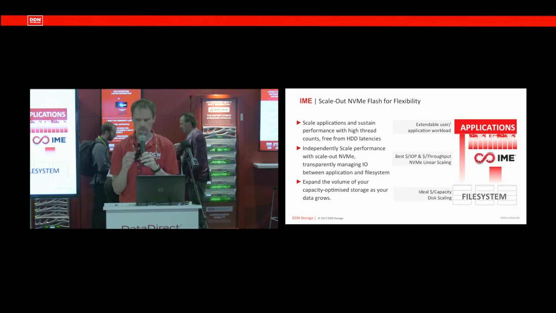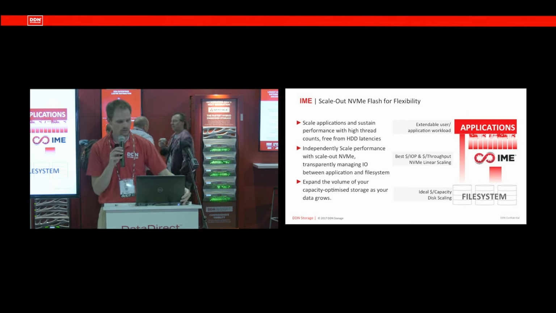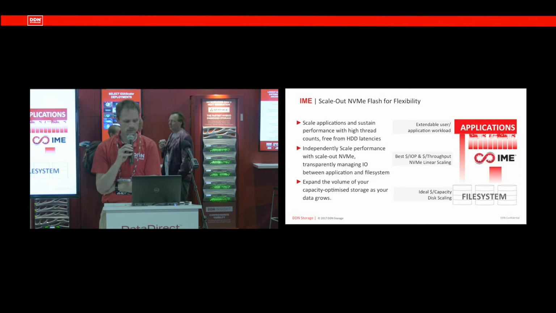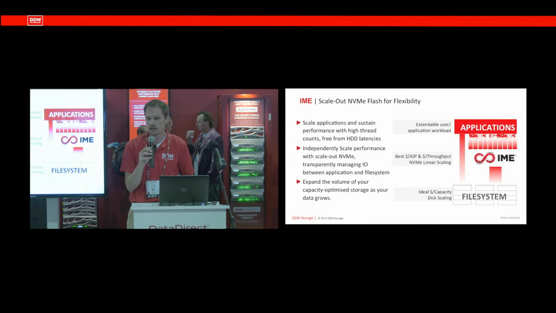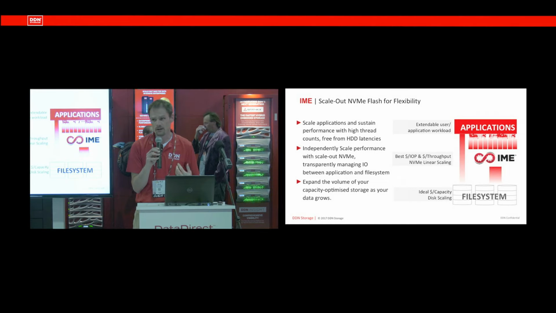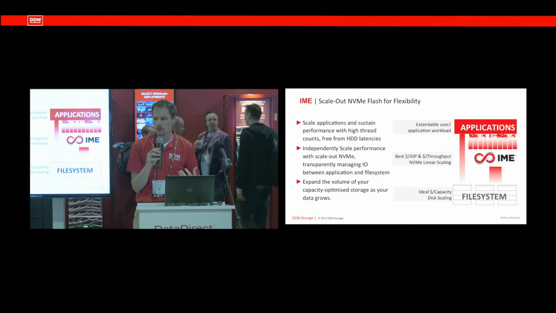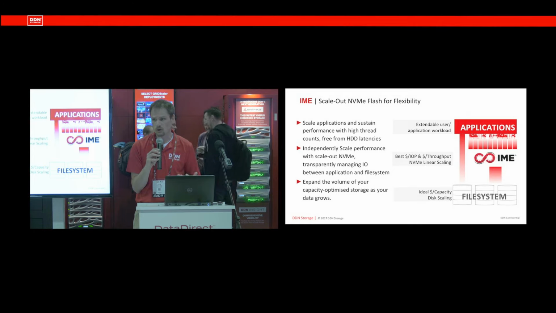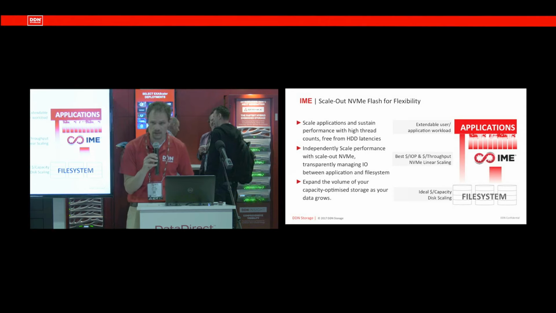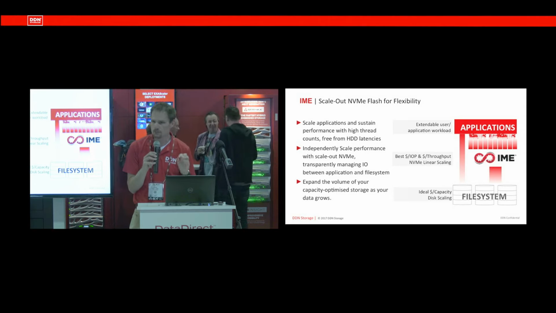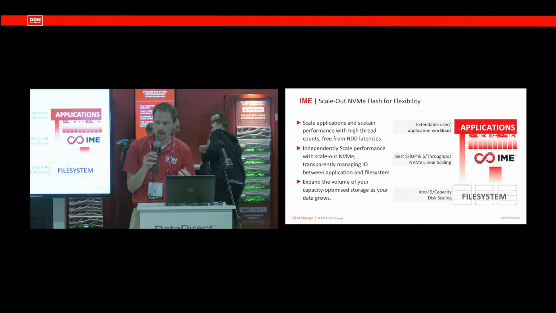And so as you're looking at the scaling of that system, we can scale that out from 4 nodes, which would be our kind of entry building block, all the way out to, we have systems that are in production right now that are in the 50 to 60 IME node range, providing up to a terabyte or more per second of data throughput. And that all leads to your file system being able to more efficiently address the capacity of the system, rather than having to meet those performance demands.